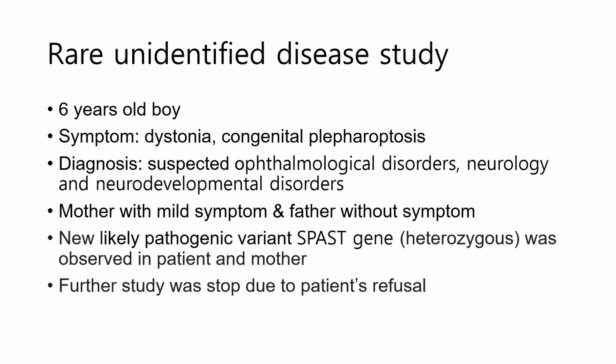It was heterozygous, and this was observed in the patient himself and his mother. We tried to do further study, but because of the refusal of the patient, it was stopped.